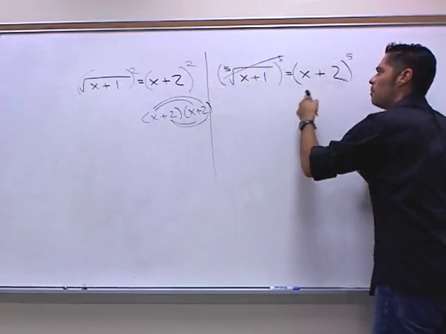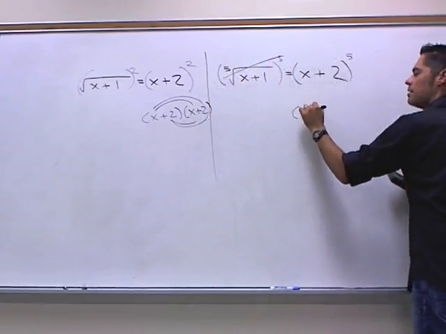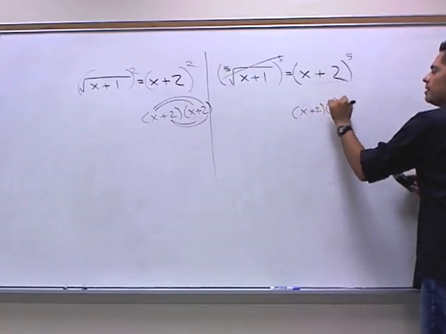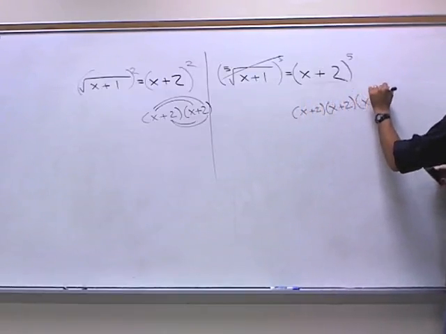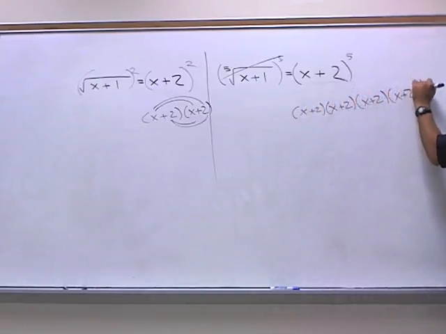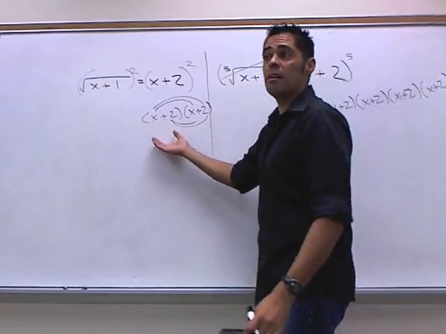This would go away, but what about this? That's 5 of these. What's that? See what I'm saying? And this turns out to be a quadratic equation.